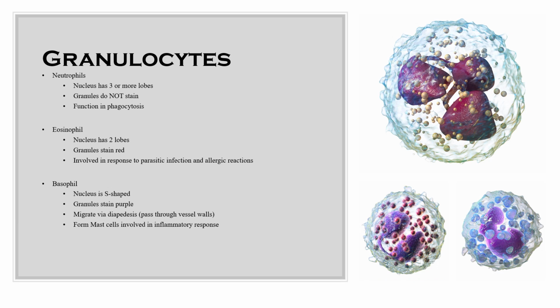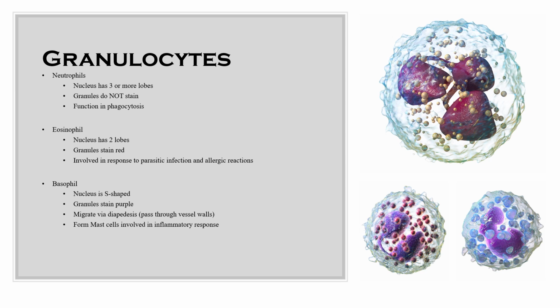Starting with the granulocytes, neutrophils are distinguished by a nucleus with 3 or more lobes. The granules also do not stain. You can see the unstained granules in this picture on the top right. Now neutrophils, they function in phagocytosis. In contrast, eosinophils, such as in the bottom right, an eosinophil has a nucleus with 2 lobes, and those granules stain red.